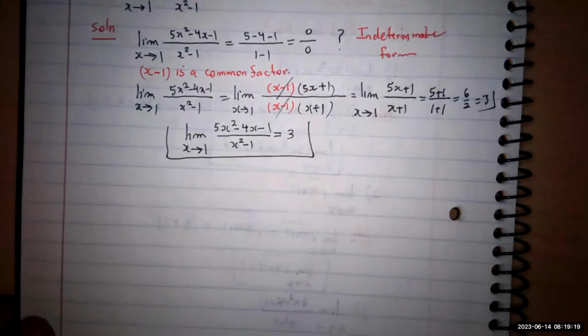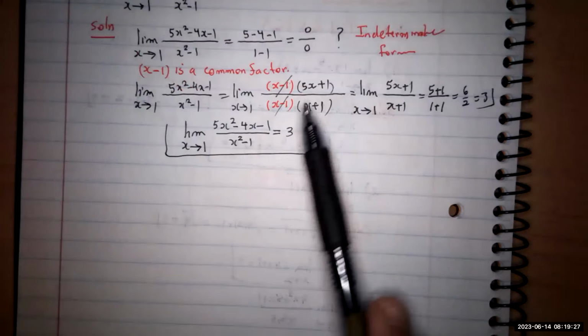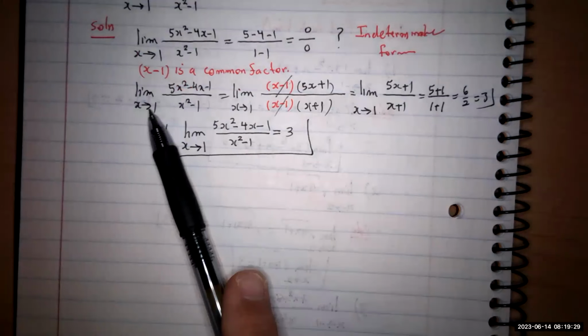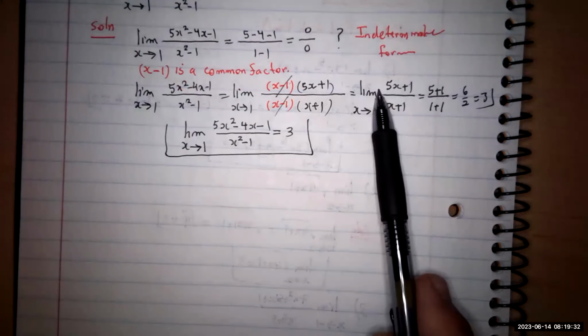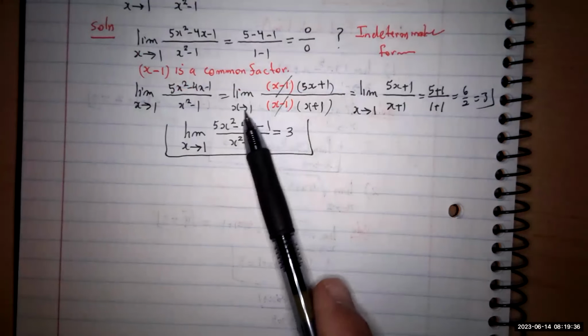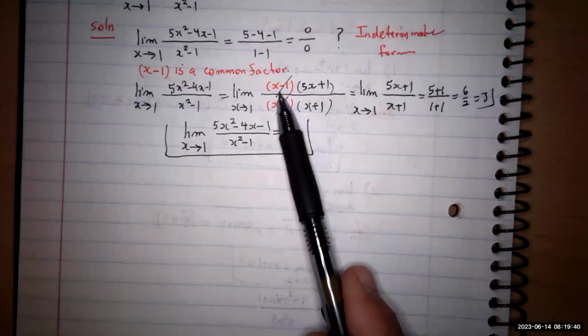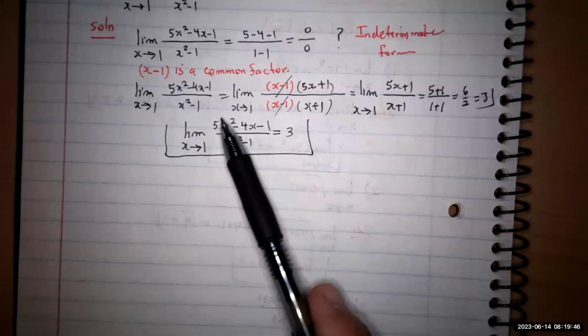Very nice format, and you've got to be careful about it. Any question? The way you write it down is important for us. As long as there is an x, you have to keep the limit, especially when you cancel out this. If you don't put the limit here, you can't do it. The reason is you divide by x minus 1, so you must make sure that x minus 1 is not equal to 0.